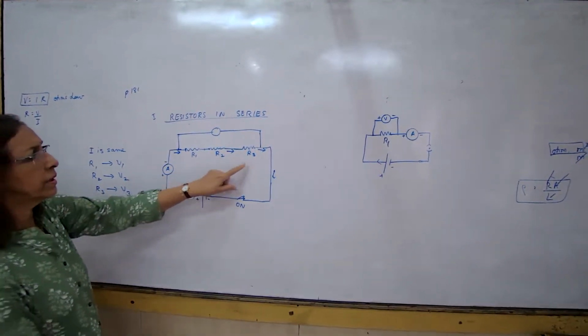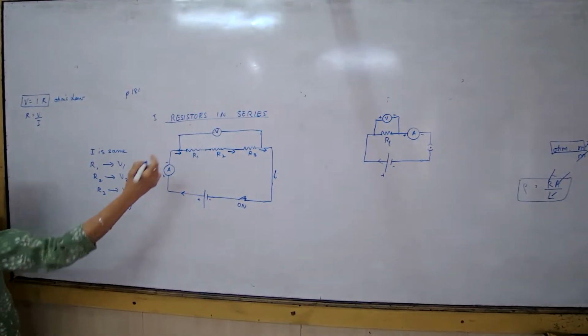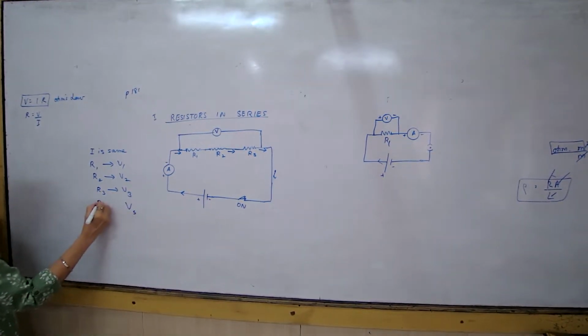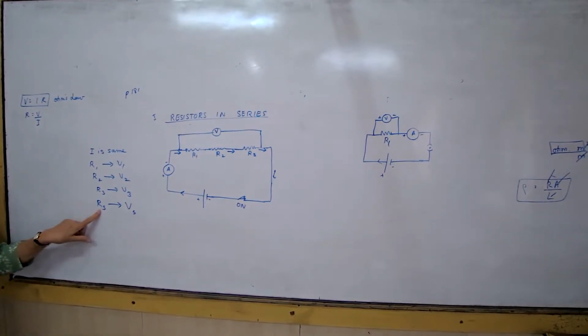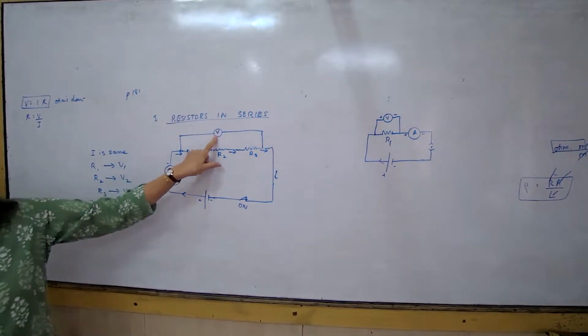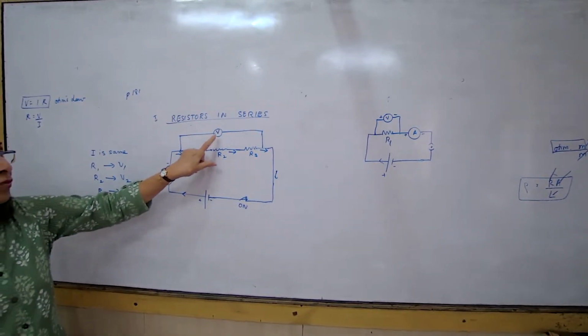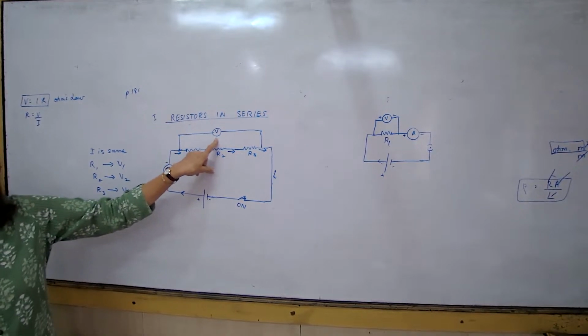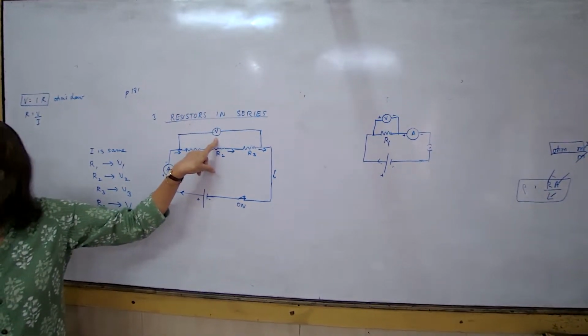Across 1, 2, and 3, and I have V. Because they are in series, we get the voltmeter reading here. It is actually seen that whatever reading you get, V will be the sum of V1 plus V2 plus V3. Is that okay?